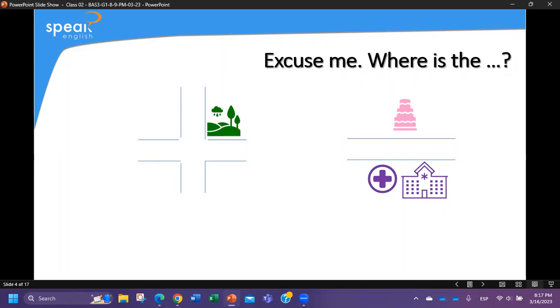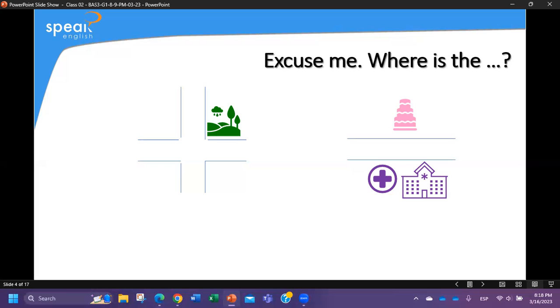So I want you to focus on the first picture that we have here. What is the place in the picture one? It's a park. A park, excellent. So if I ask you, excuse me, where is the park?